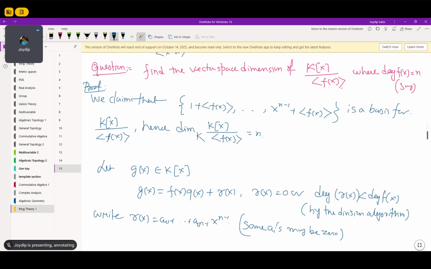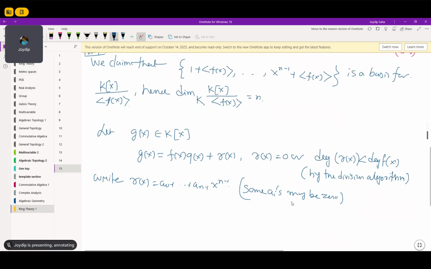Some or all of the a_i may be 0. If all are 0, then r(x) is 0.